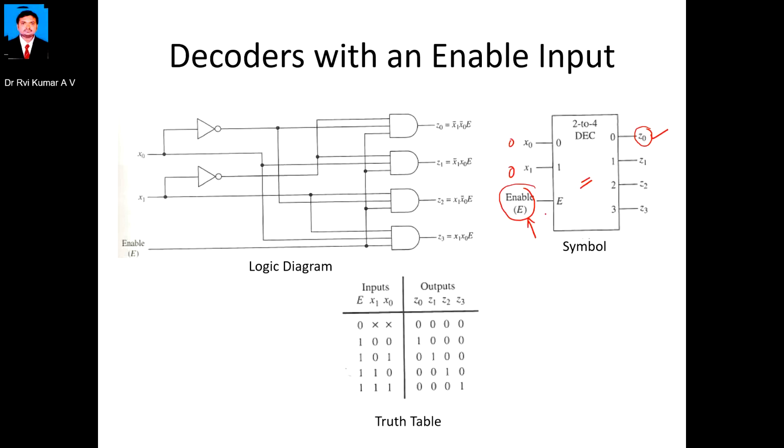This input I give as active high. Whenever I make this 1, the device is enabled so that your output will respond to the corresponding input. If you give 0, you can give any kind of input here, your device is disabled, and your output will be 0 only. That's why we use the enable line.